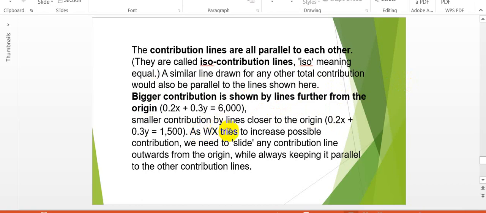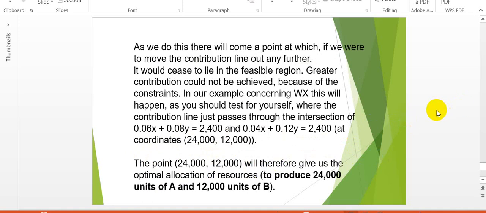As WX tries to increase possible contribution, we need to slide any contribution line outwards from the origin, while always keeping it parallel to the other contribution lines. We now conclude our linear programming.